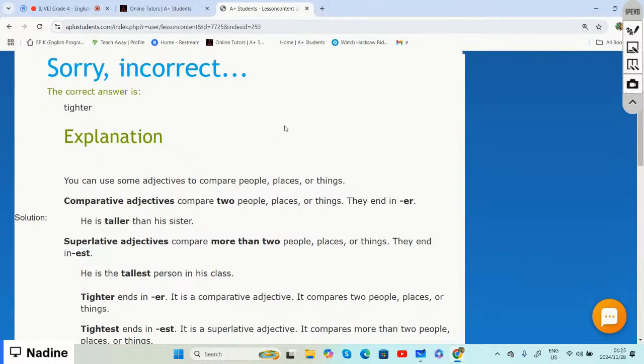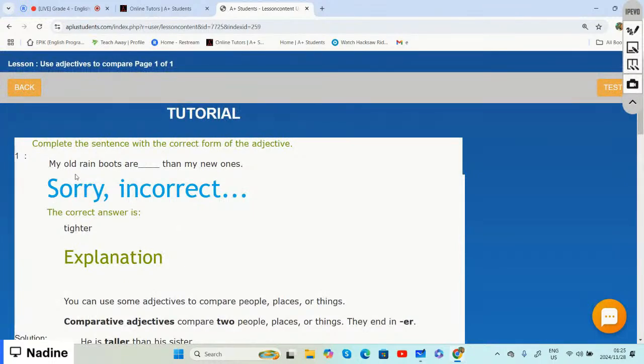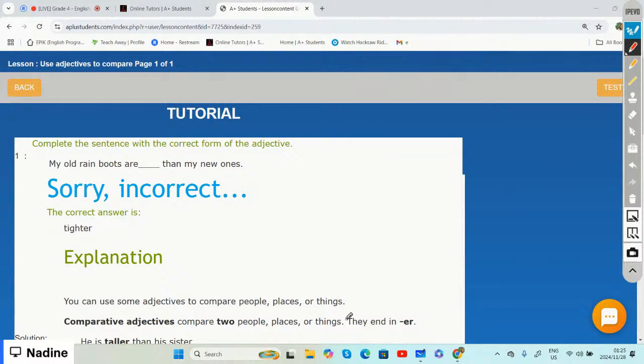All right. Now we need to complete the sentence with the correct form of adjective. It says, my old rain boots are, it is tight, right? So if you say that the boots are tight, but now we need to compare it.